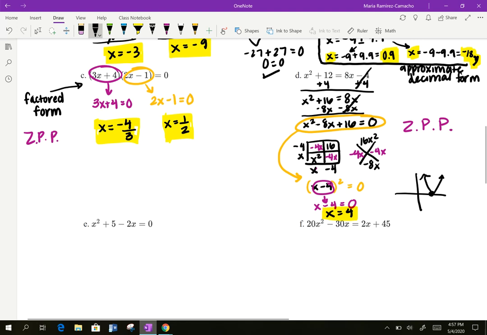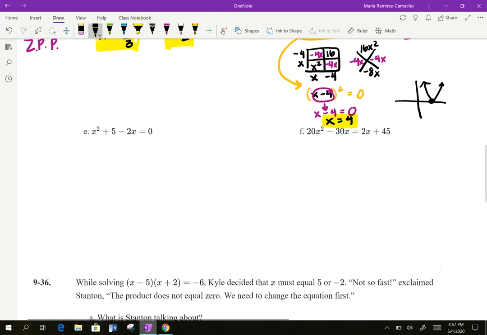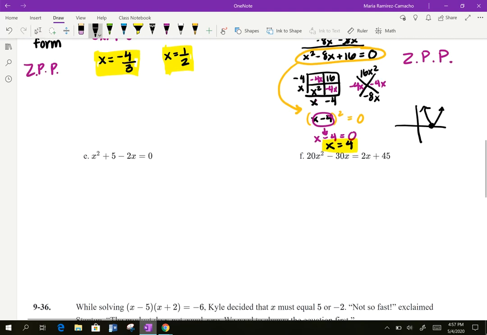Okay, moving on, we've got two more. Again, this is in standard form. Well, almost. This 5 is out of order. But when I have equations in standard form, I can maybe factor. I can already tell this is not going to be factorable.